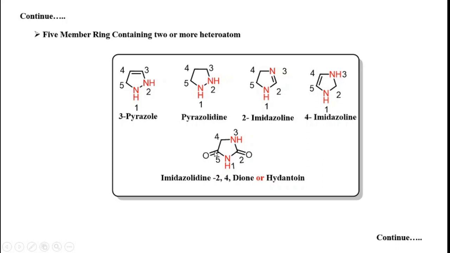Here the structure is somewhat wrong. This position is wrong. The 4 position is here. That's why this bond is present here, not here. And the common name of imidazolidine-2,4-dione is hydantoin.